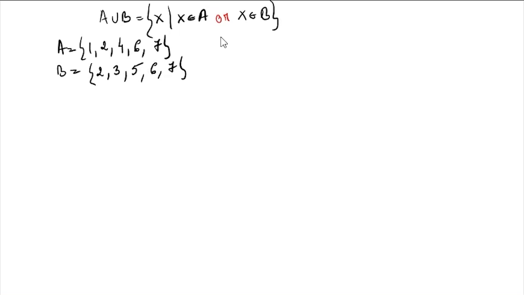The union of sets A and B equals, I'm going to take all these numbers from set A and set B only once. And I have 1, 2. I see 2 is in the set A and also in the set B, so I will take it once.